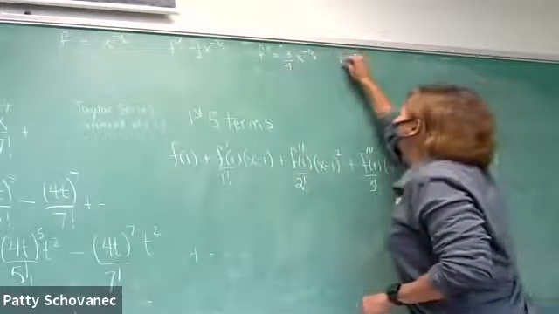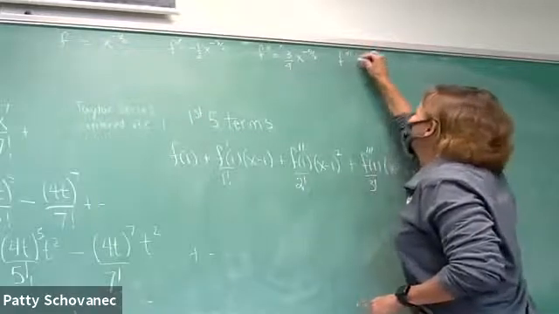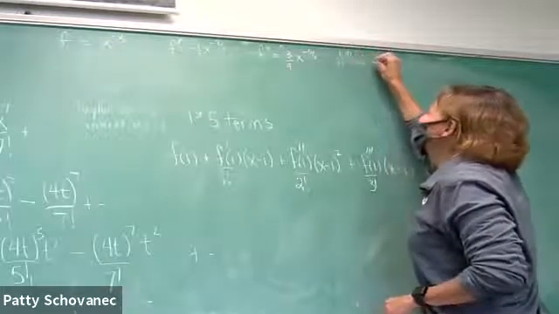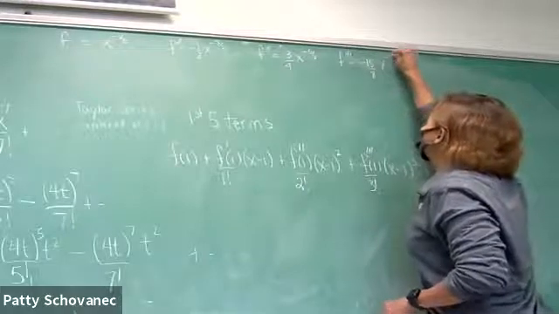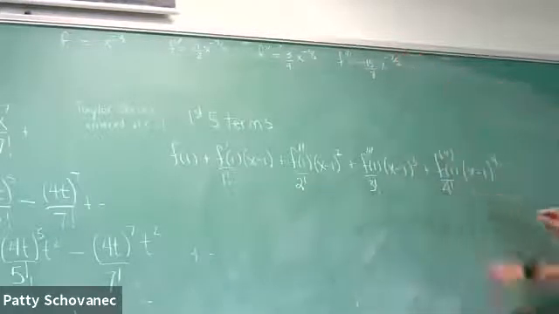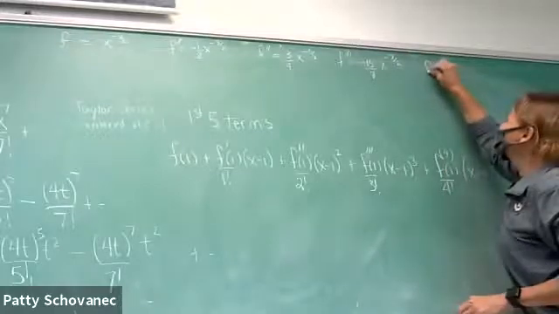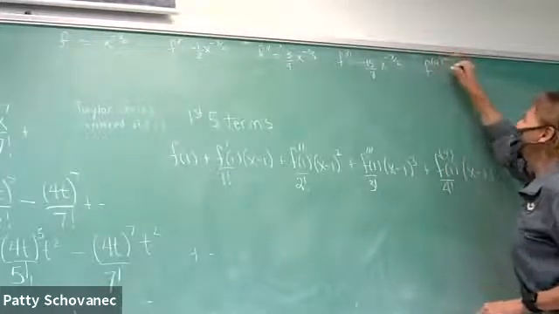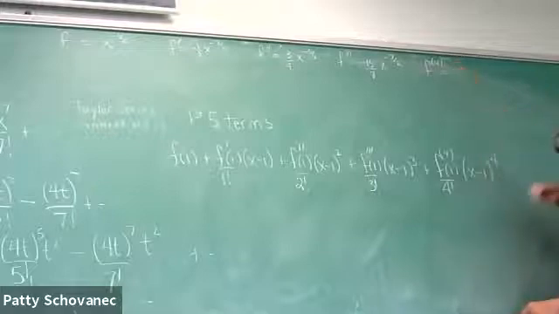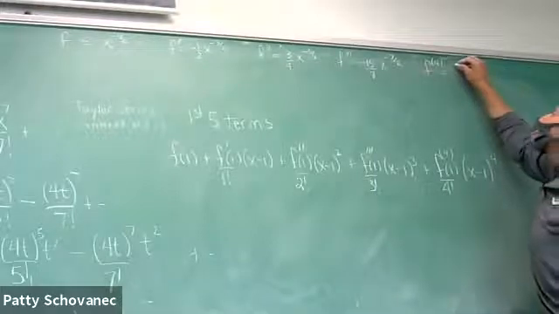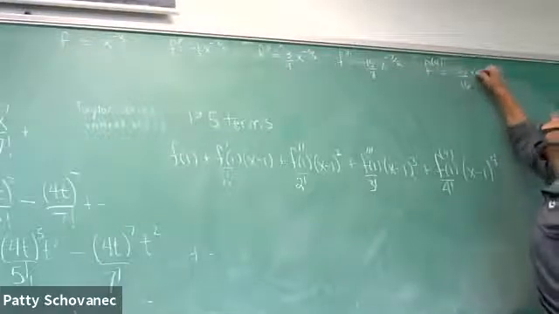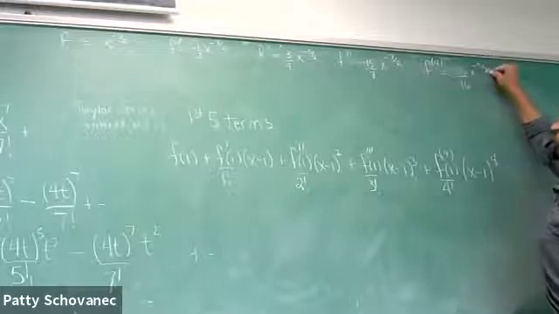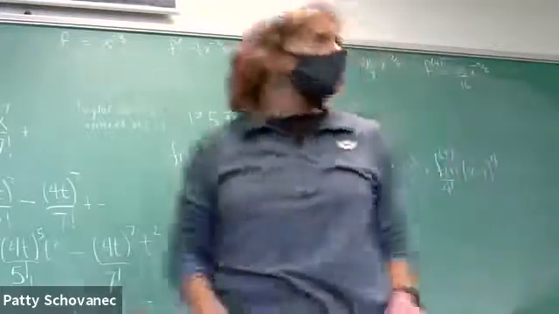The third derivative is negative 15 over 8 x to the negative 7/2. And now I need one more derivative. The fourth derivative is, oh gosh, 7 times 15 is 105. Positive 105 over 16 times x to the negative 9/2. They're the derivatives I need.